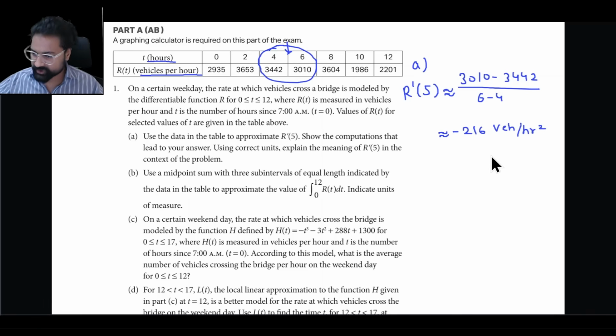Okay, the description is very important. The negative sign means you have to use the appropriate word, which is decreasing.